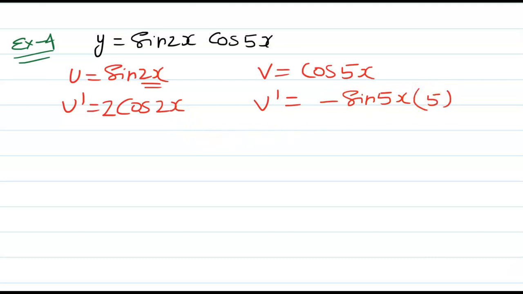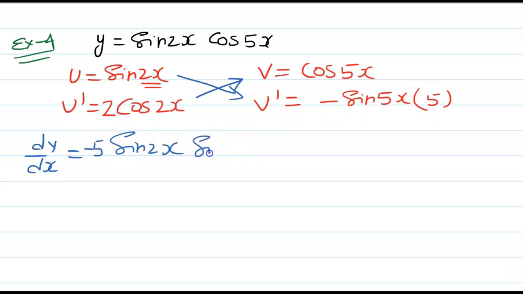So what we need to do, just cross multiply like u v dash and v u dash. So dy over dx will be sine 2x times this minus 5 sine 5x, plus this, 2 cos 2x and cos 5x. Nice and easy.